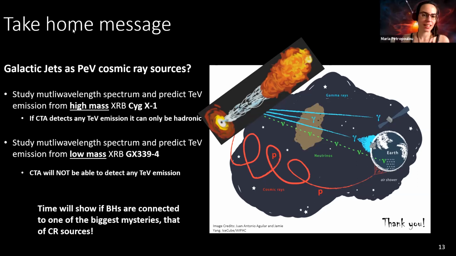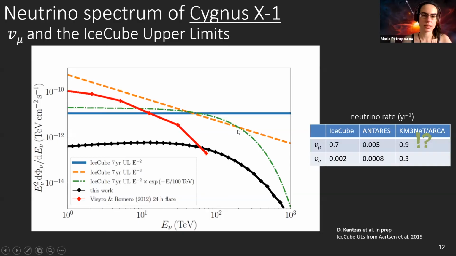Okay. So I have a question, Dimitris, that I might have missed. It was about the last slide you had with the comparison of the neutrino spectra. Sure. Yes, here. So I see one other model, the red line, which corresponds to this model applied to a 24-hour flare or something like this.